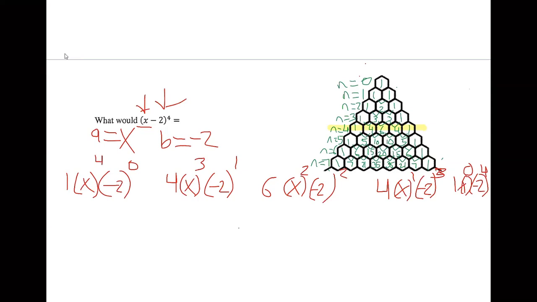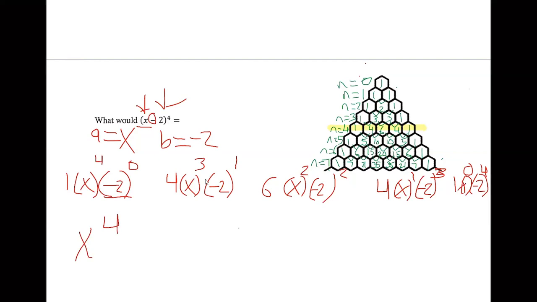For this, we've got to be a little bit careful when we're cleaning this up. One tip, when you have a minus sign, your signs are basically going to alternate. But here, we'll just work it out and show you. -2 up to the 0 power is just going to be 1, so this would just simplify to x to the 4th.